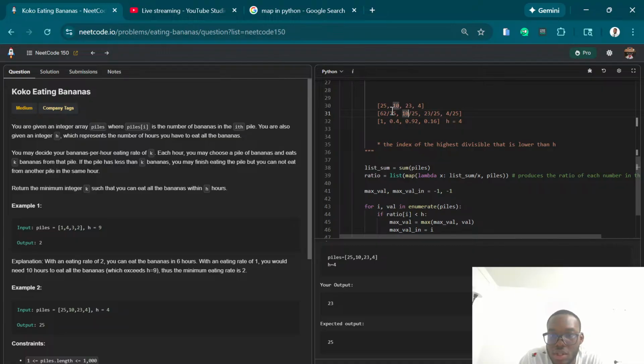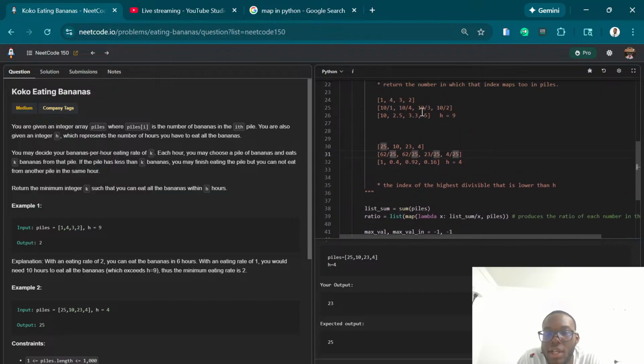So this 62 minus, wait, how did I do it again? 10 and 62 divided by 43, and then 62 divided by.